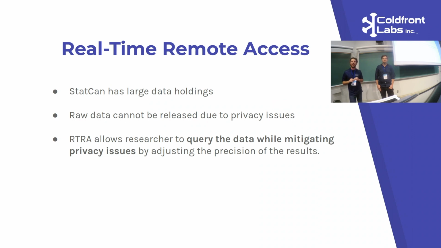RTRA addresses this by providing a system that looks at the queries, looks at how many data points you're actually looking at, and then adjusts the precision so that you can't know. If you only return 10 people, then it will start removing zeros until you don't know much about it, until there's no privacy issue.